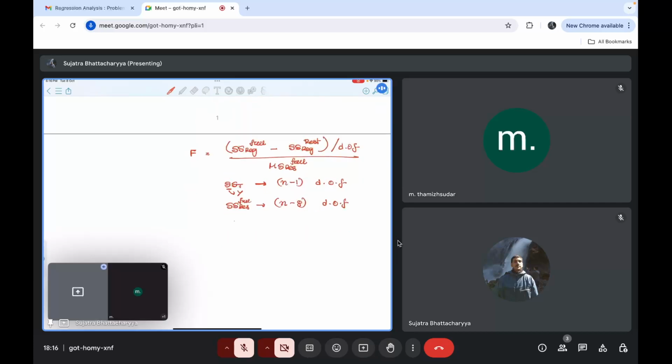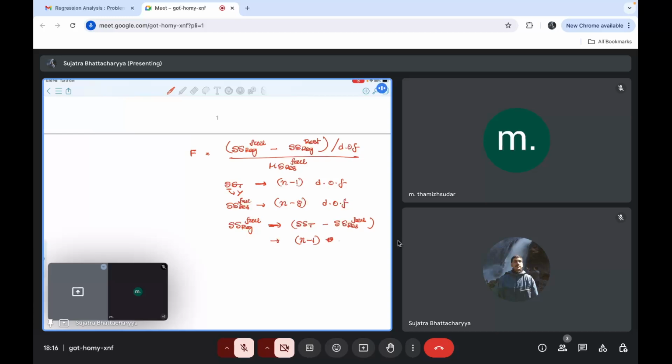All right. Next, what about the SS regression for the full model? How many degrees of freedom? Simple. It will be the degrees of freedom of SS total minus the degrees of freedom of SS residual of the full model. Remember, degrees of freedom are linear in that sense; you can add or subtract.